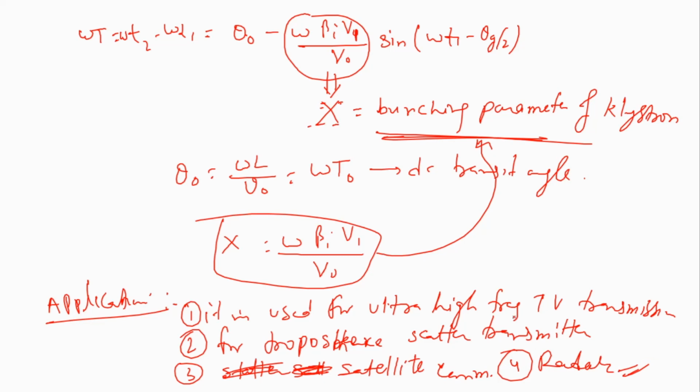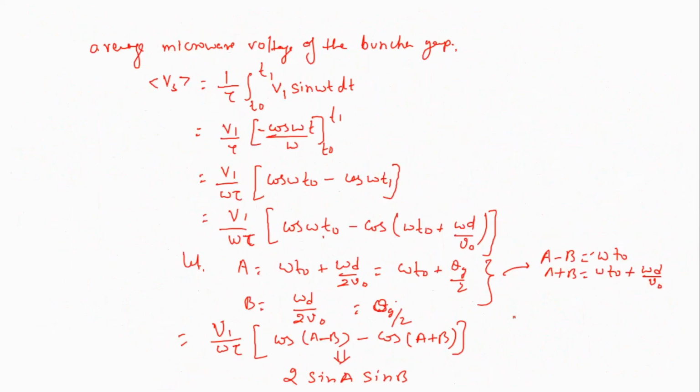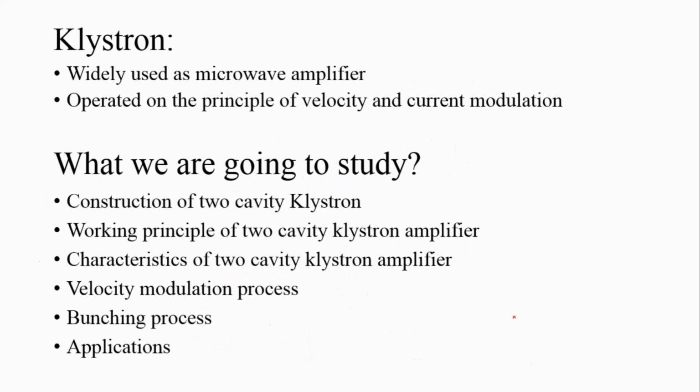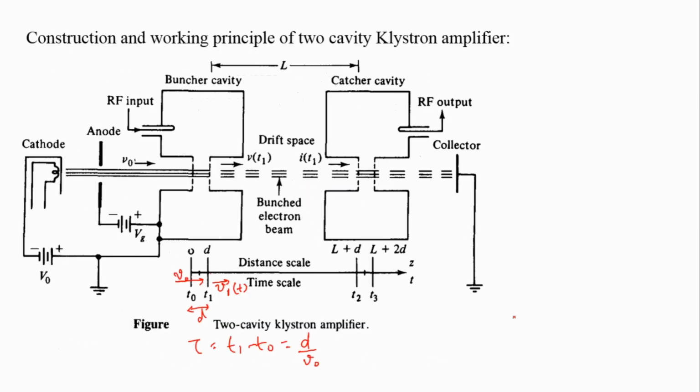Now to summarize this lecture, we can go from the first slide, and we have seen the klystron can be widely used as a microwave amplifier, and it is operated on the principle of velocity modulation and current modulation. We have seen how velocity modulation takes place and what elements are present in the klystron amplifier.